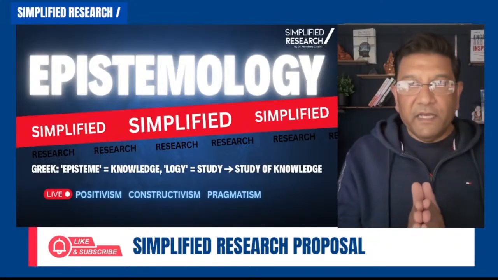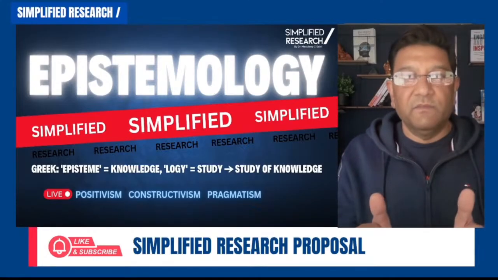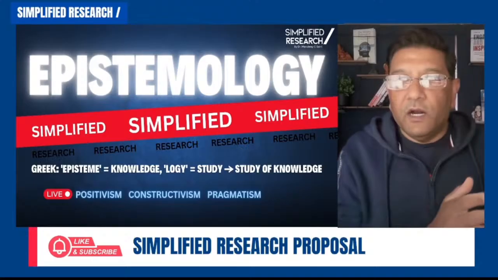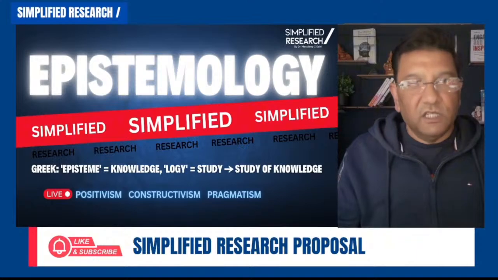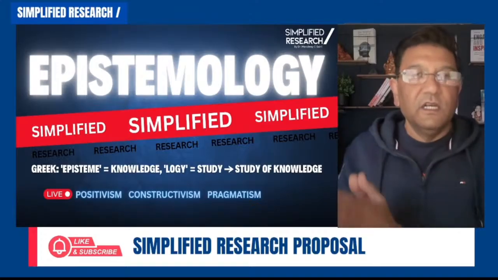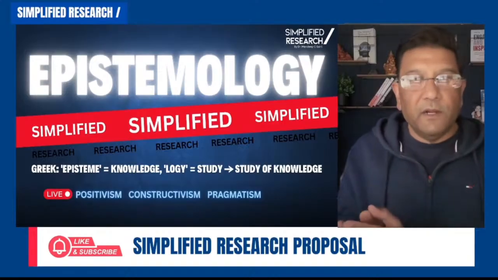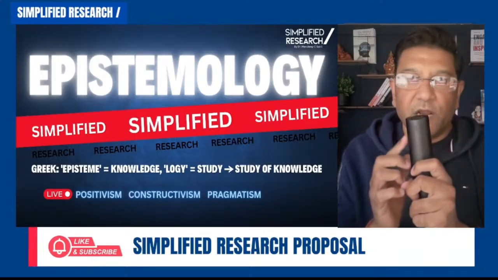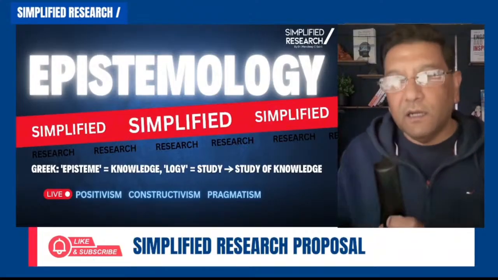So pragmatism simply means using positivism and constructivism together. You are not 100% positive that this is the answer to a question, and for that you use constructivism, where you use subjects, which means people, to ask the question: this is the result, it shows that this is made of plastic, but I'm not 100% sure about it.